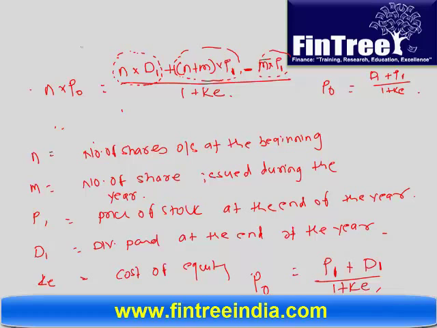Correct? So if you see this now, if I multiply this with n, this would be n, this would be n, correct? N P1 plus N D1. So this is the first term, and if you solve for this term here, N plus M into P1 minus M into P1 is nothing but N P1, and then divided by 1 plus K. So it's the same formula.